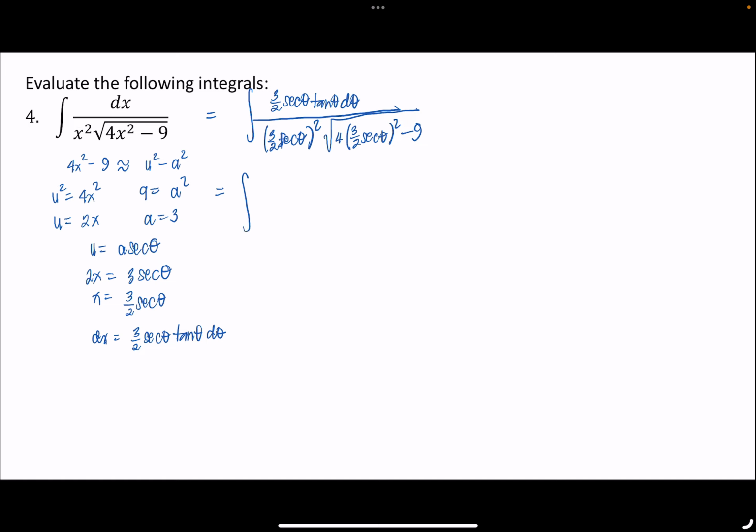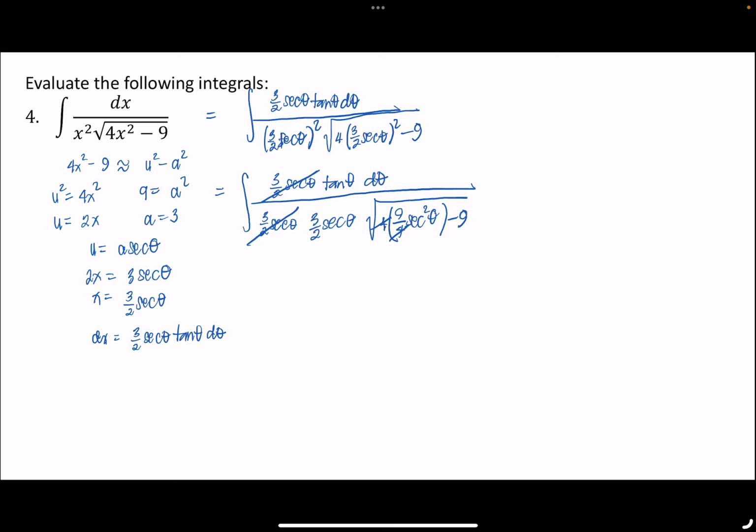So we have 3 over 2 secant theta tangent theta d theta all over, and we can cancel this 3 over 2 secant theta. Then the square root of 4 times 9 over 4 secant squared theta, so we can cancel out the 4 and then subtract 9.